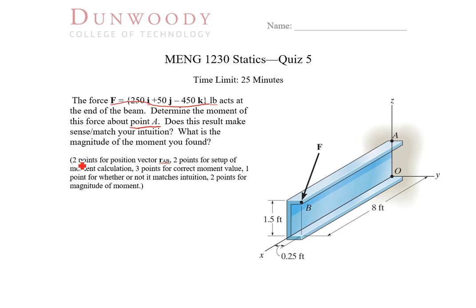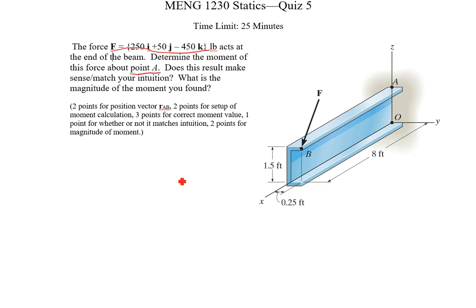I give you some points here. You get points for a position vector, RAB, points for the setup of the moment, calculation for the correct moment, 1 point for the intuition, and then 2 points for the magnitude. So we need to find RAB, the position vector from A to B, which is just the difference between their positions.